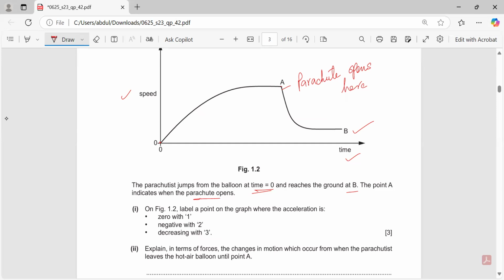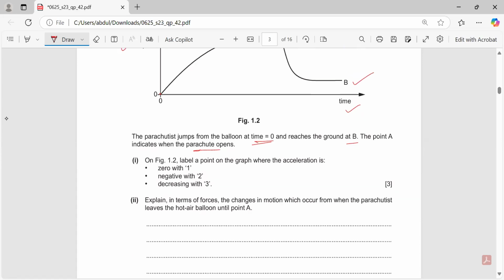When the parachute is opened, it basically behaves like applying the brakes to a car. A car was moving at high speed, and as we apply the brakes, its speed decreases and ultimately it comes to rest. So whenever the parachute is opened, it causes deceleration, and the negative gradient of the graph just after A shows that there is a deceleration.